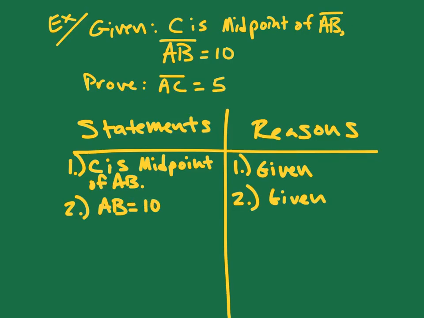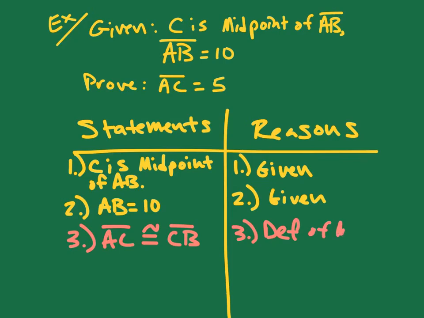Based off of this statement, I can draw the conclusion that since C is a midpoint, in my third statement AC is congruent to CB. And the reason I can say that is the definition of a midpoint. A midpoint, remember, cuts something into 2 congruent parts.